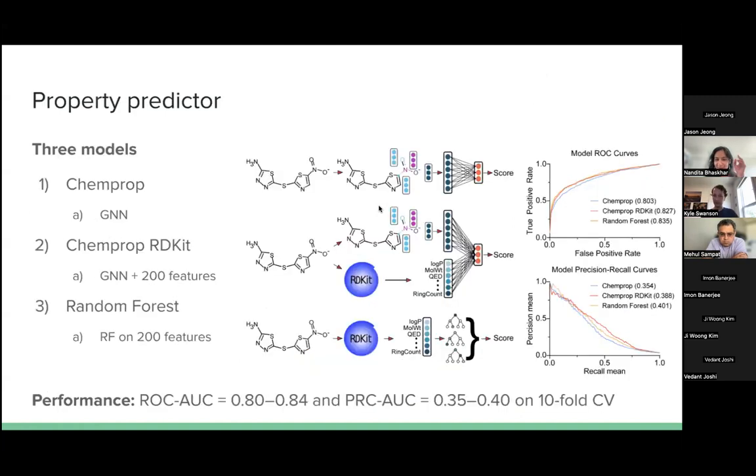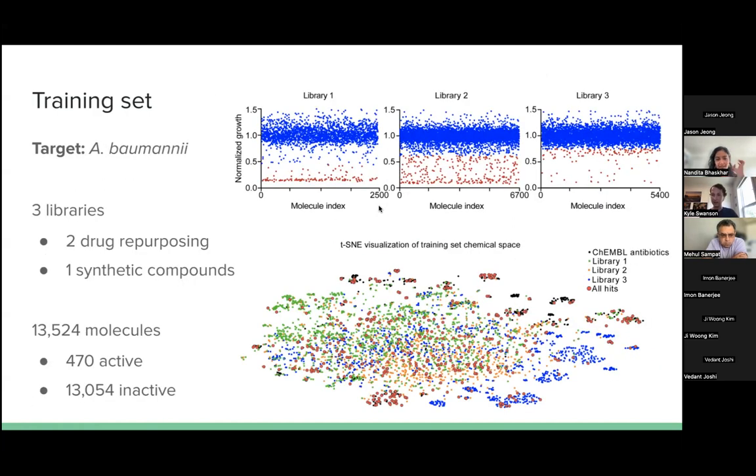A basic question: what's a library here exactly? Oh, sorry, a library is essentially just a collection of molecules. Various chemical companies will sell these pre-packaged collections of molecules. For instance, with drug repurposing, I think one of these libraries is about 2,500 molecules.